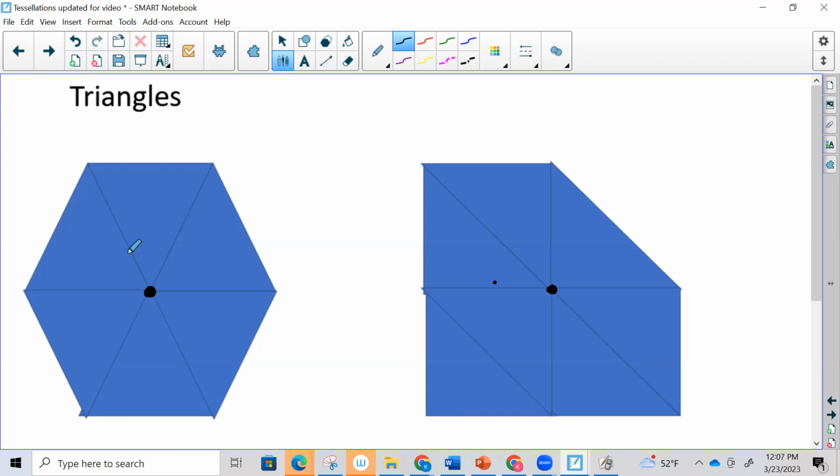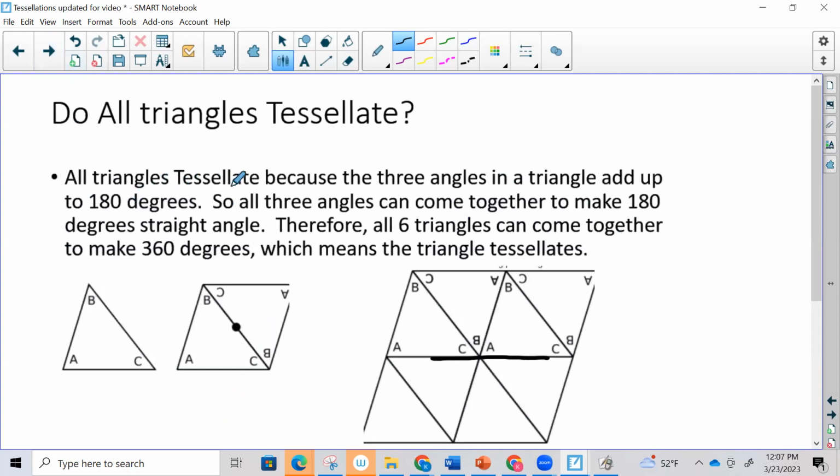You can see that on both of these, I get 6 triangles to meet at the vertex, and they definitely tessellate. And you found that the equilateral triangles tessellate. So it's impossible to draw every possible type of triangle to show you, but all triangles do tessellate because the 3 angles of a triangle add up to 180 degrees.